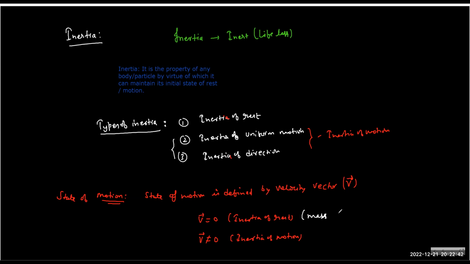So mass is the quantitative measurement of inertia of rest. So if you want to compare which one will have more inertia of rest, a dog or a buffalo, I hope there is no need to explain. So which one will have more inertia?